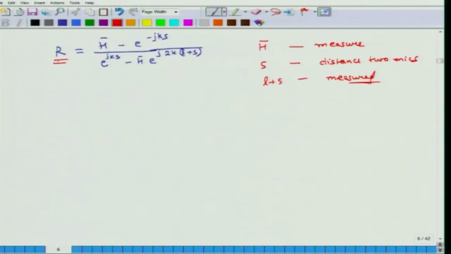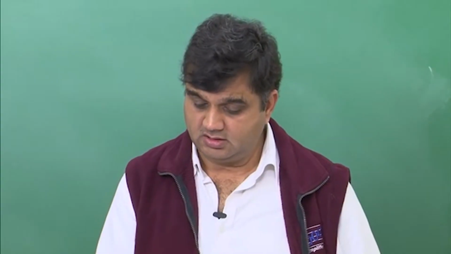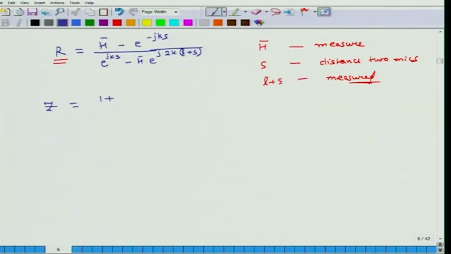And then we know that Z, which is the specific acoustic impedance of the material, is 1 plus r divided by 1 minus r times z naught, where z naught equals rho naught c. Okay.